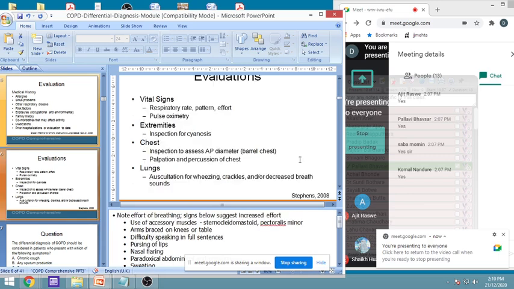What are the various vital signs, like respiratory rate, how is the pattern, whether it takes effort or not.